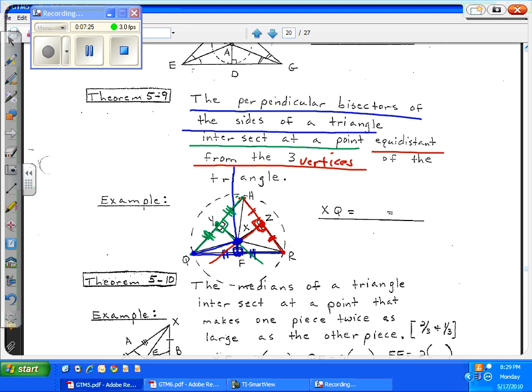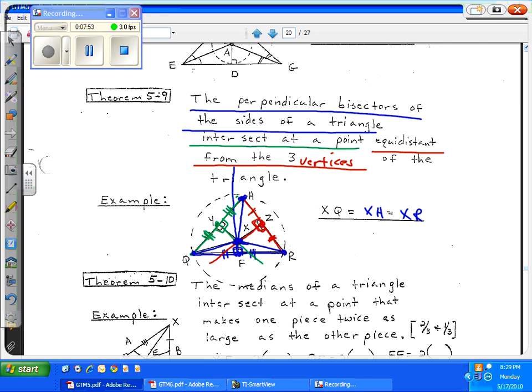The distance that the point of concurrency X is from vertex H would be segment XH, and then again segment XR. So the conclusion is that point X, the point of concurrency, is equidistant from the vertices Q, H, and R. Therefore, segment XQ is equal to segment XH, which is equal to segment XR.